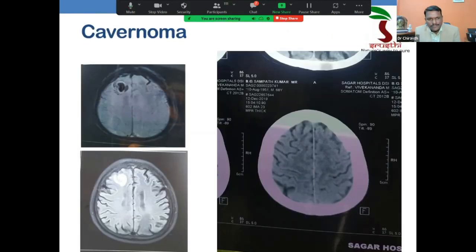And this was a case of my uncle who had a cavernoma which just opened up and there was bleeding. You can see the bleeding in that CT scan, which appears as a dark clot, and in MRI you see the white thing here. When you look into the keynotes of Arnica, which is described by Professor Vithoulkas, it is available on YouTube.